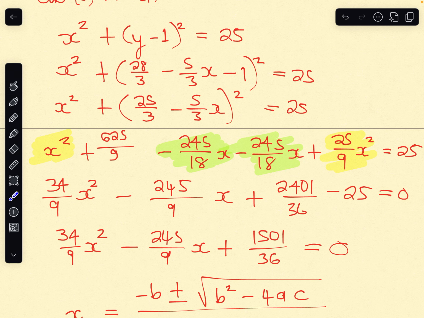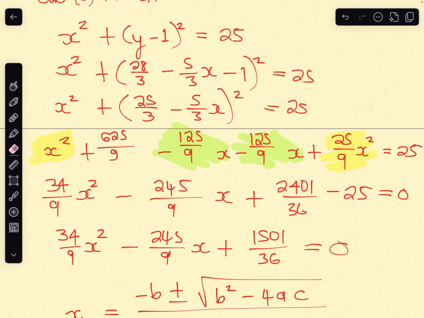And then 25 over 3 times minus 5 over 3. So let's just get rid of the highlighting for now. That would be 125 over 9 minus another 125 over 9. And then minus 5 over 3 times minus 5 over 3 would still be 25 over 9 x squared. Right, so then these are our like terms again.